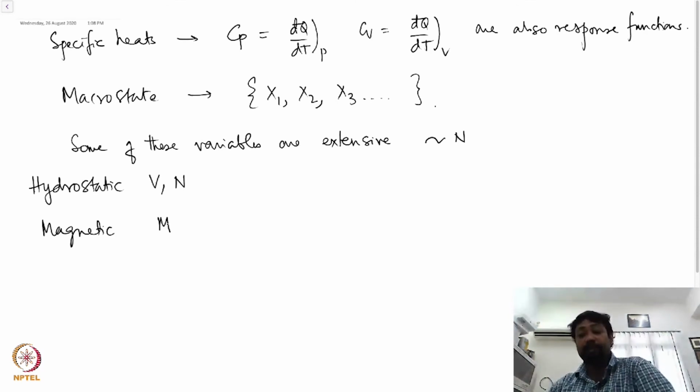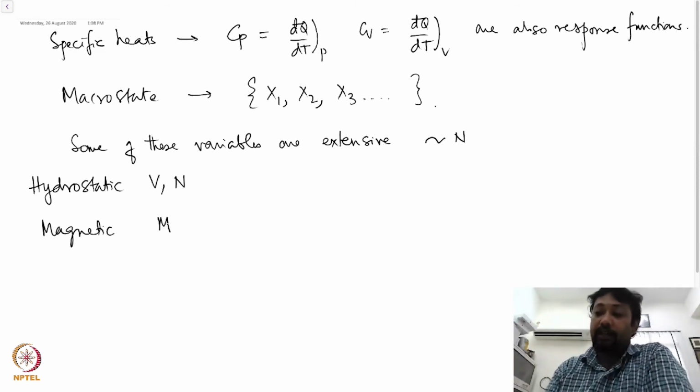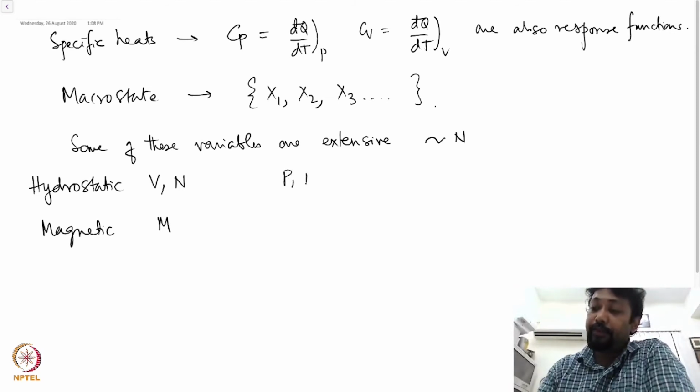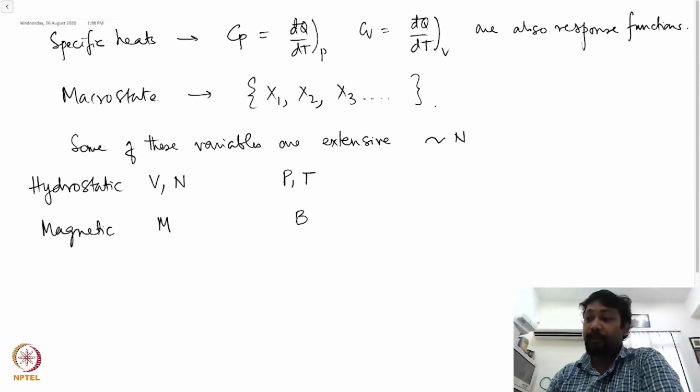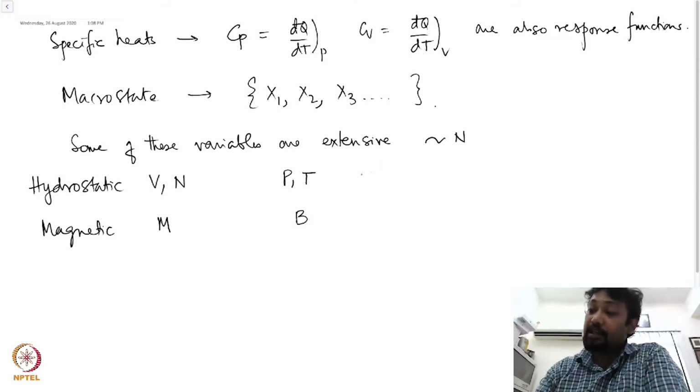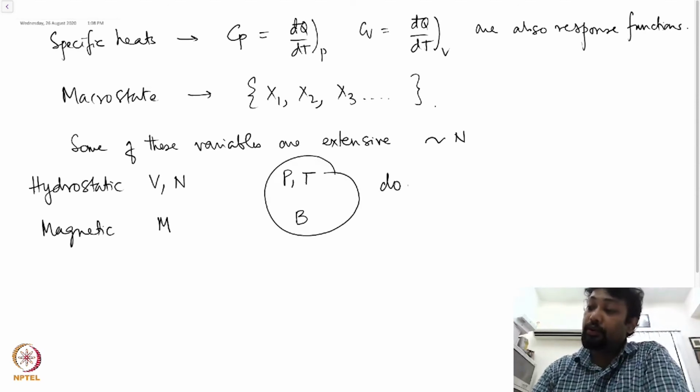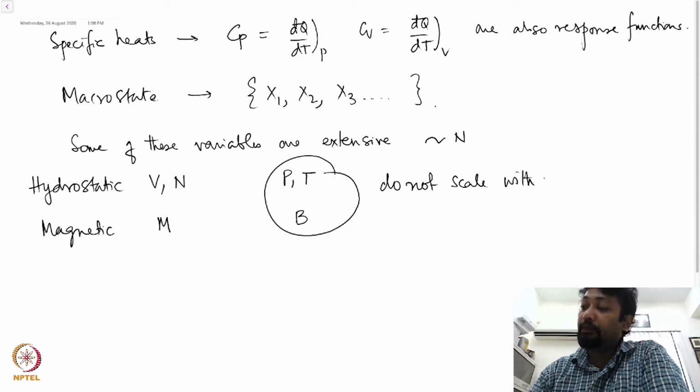If you have a system which has N particles and you double the particle number, then the variable also doubles. On the other hand, if you look at pressure and temperature, and in this case the magnetic field, they do not scale with particle number, or the other way of saying it is with system size.